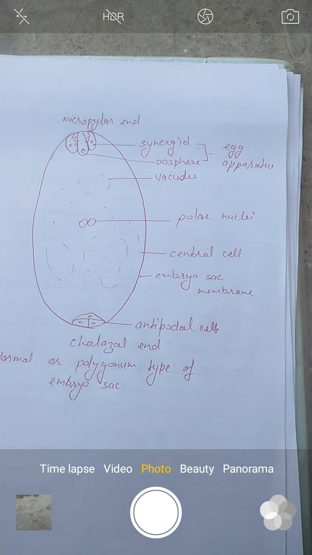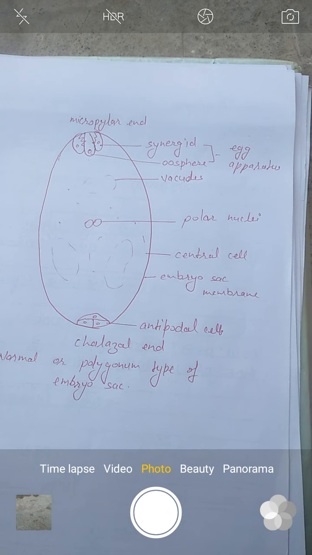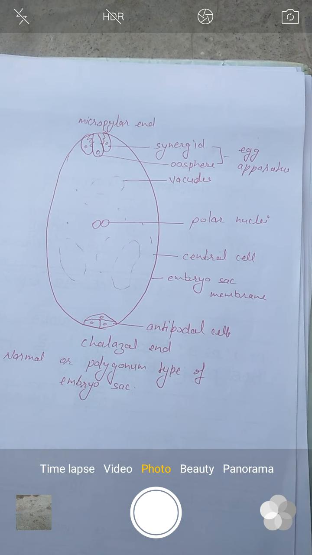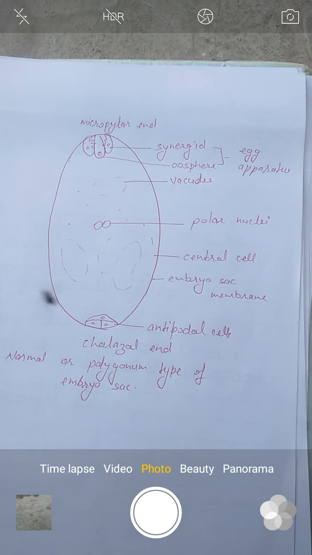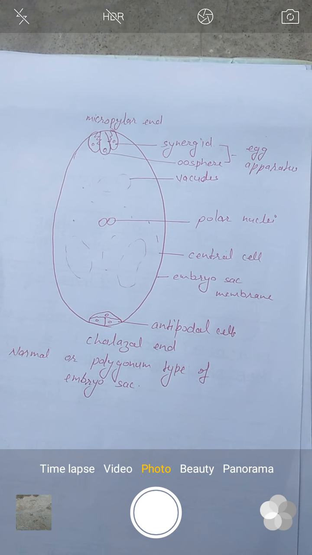In the embryo sac, one synergid degenerates before the entry of the pollen tube into the embryo sac, whereas the second one degenerates shortly after the embryo sac has received the pollen tube discharge. All the 3 cells of the egg apparatus communicate with one another and with the central cell by plasmodesmata.